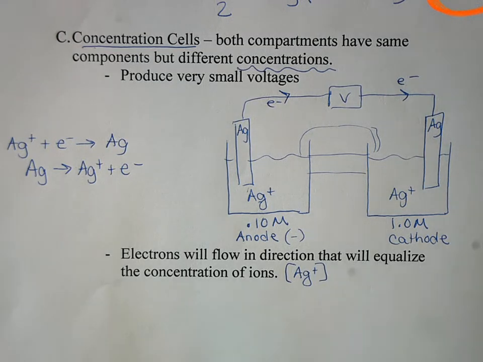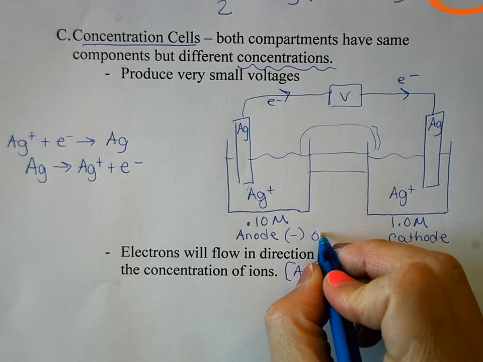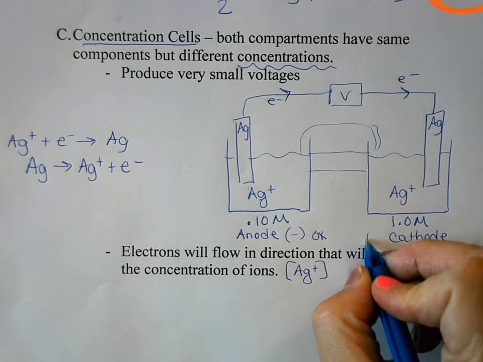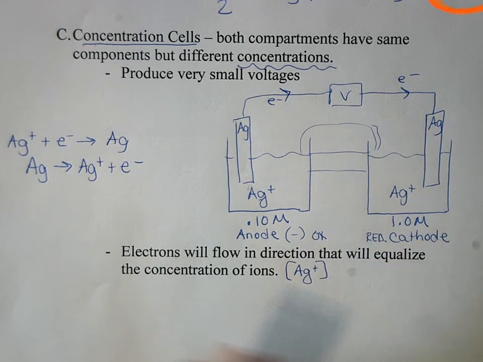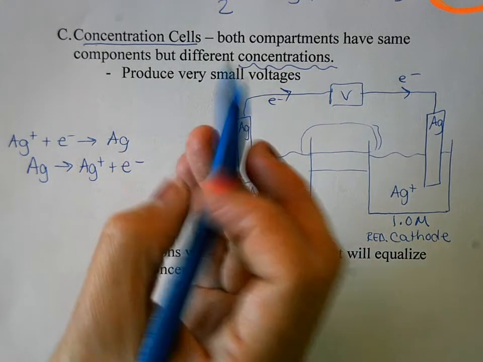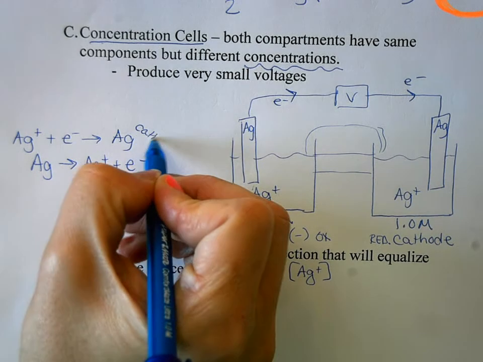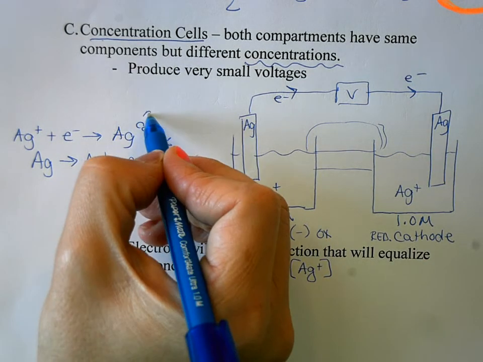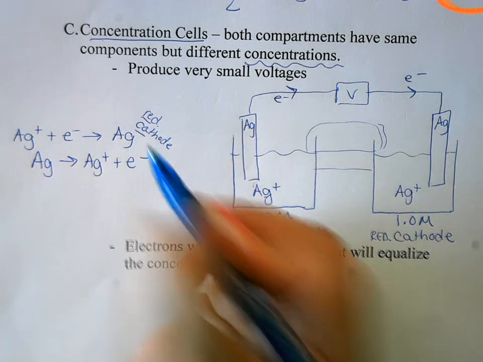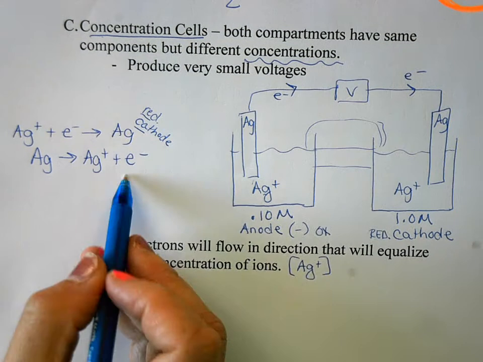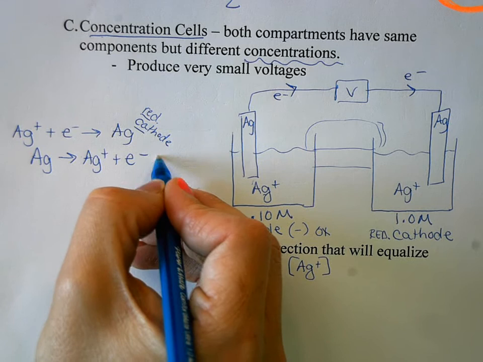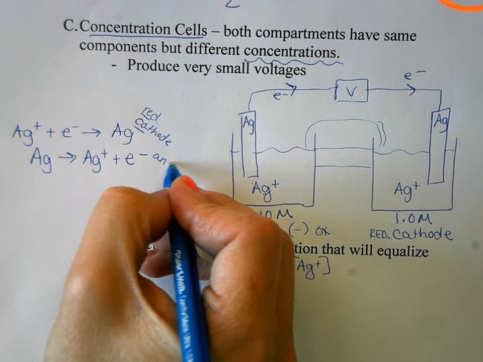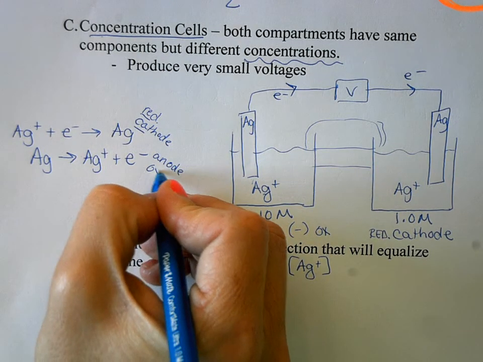And then just thinking about an ox and red cat, I can figure out that this equation goes with my cathode because it's being reduced, red cat. This equation goes with my anode because it's being oxidized.